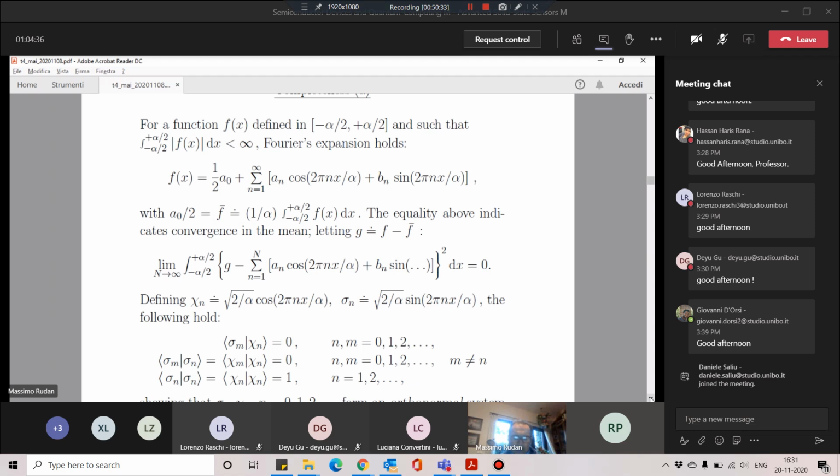And they are also normalized to 1. So we start seeing in the properties of the functions that are used for the Fourier expansion some properties of orthogonality and normalization that we have introduced in quantum mechanics. Now we stop because it is already finished. We shall resume in 10 minutes.